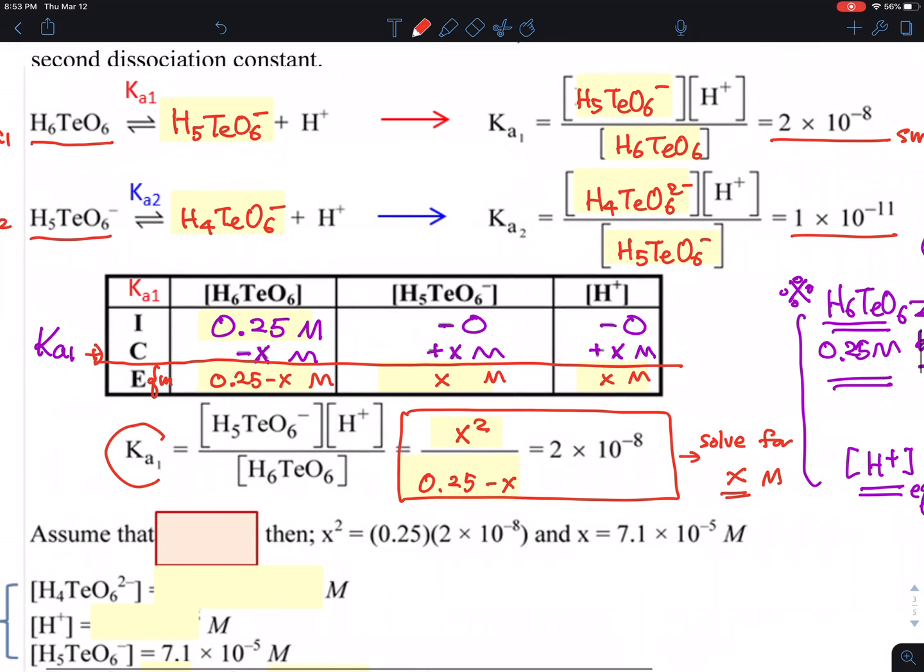X is very crucial, because if you look at that, X is the concentration of H+, and X is the concentration of H2TeO4 minus. So you have to solve it for X, and this is a quadratic equation, right?